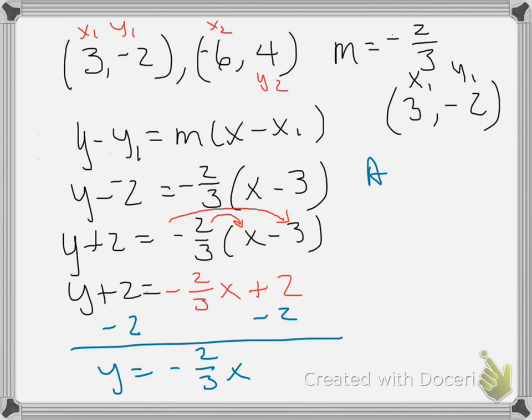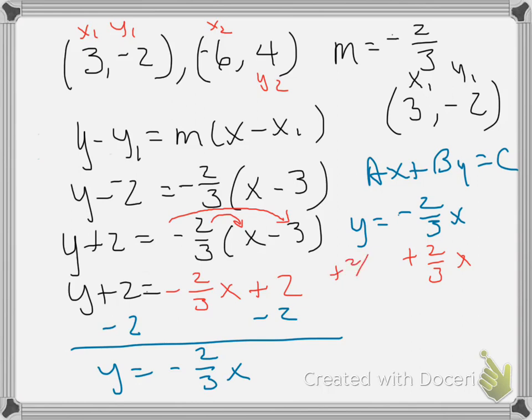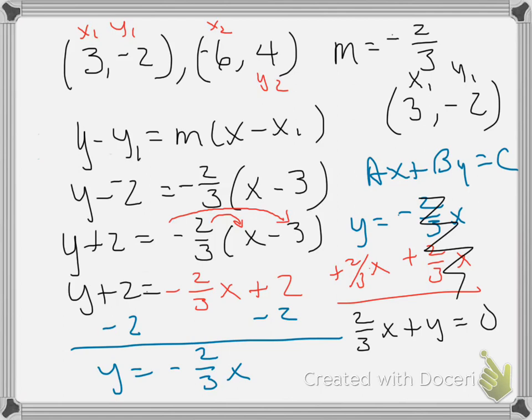Standard form is ax plus by equals c. Alright, I have to move my negative 2/3 x over. So I'm going to add 2/3 x to both sides. When I do this, I get 2/3 x plus y equals 0 because this becomes 0.